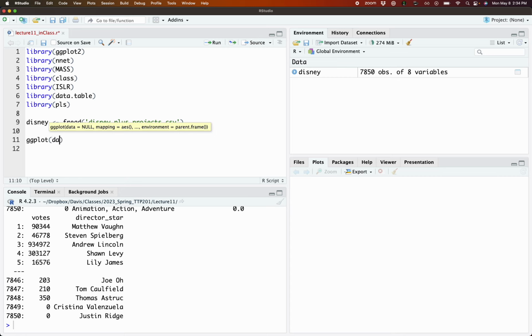So let's do this. I'm actually going to filter this out just for movies. So we're only going to look at a subset of the data that contains these ratings, which are specifically movie ratings.